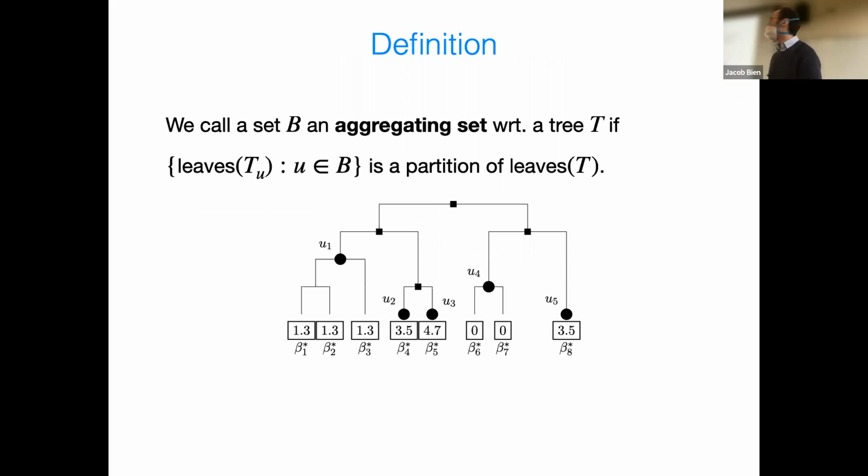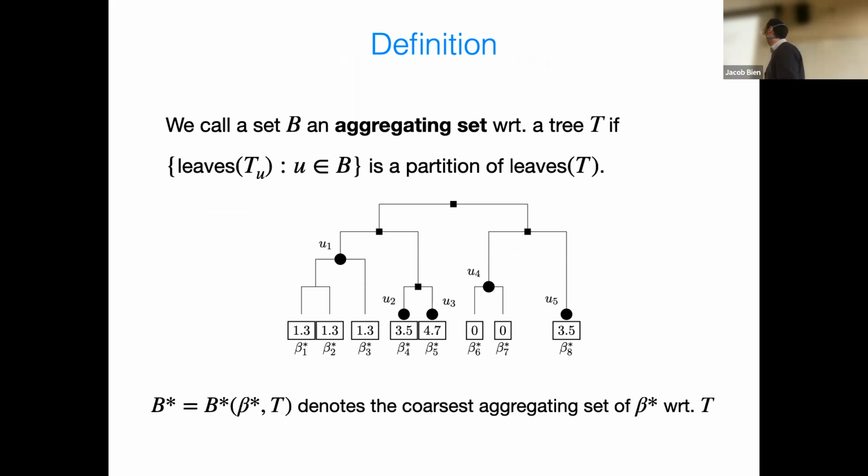And to me, one of the more interesting aspects of this is, rather than just dealing with, like in lasso theory, where one often has the active set, the set of non-zero coefficients, here we have a notion of the proper aggregation, the set B star, which basically says what are the nodes you should aggregate on. That's a function not just of the true beta star, but also of the tree that you've handed the procedure.